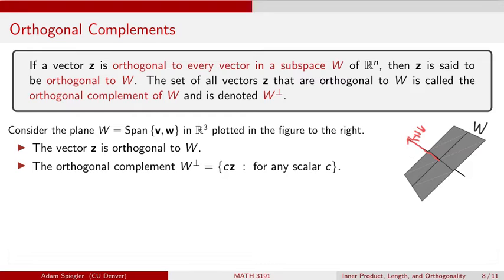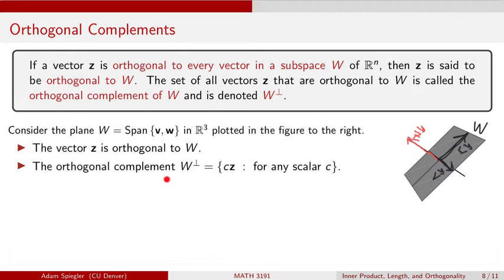We'll say V and W. So maybe here is vector V, and here might be vector W, and this plane that I've labeled W would be the subspace spanned by those two vectors V and W. So then we would say that this vector z is orthogonal to subspace W because this vector z is the normal vector to this plane. Okay, so it is perpendicular to every single vector in this plane.